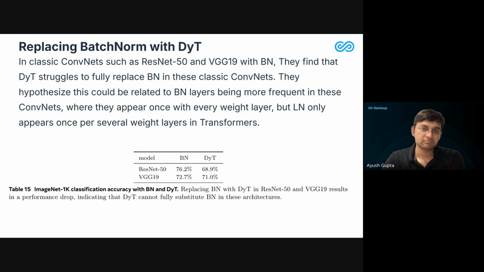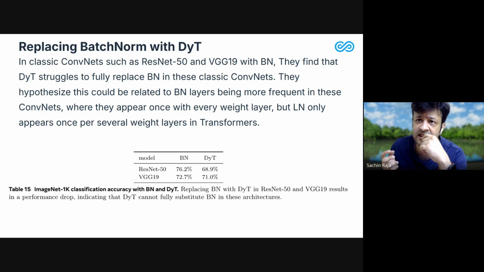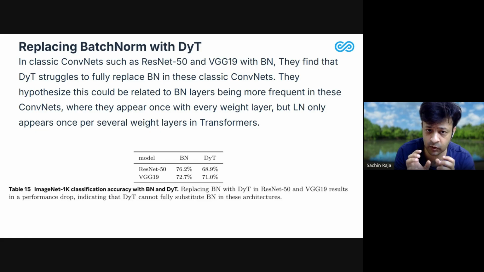Then for such small samples, the number of samples across which normalization is happening, can this dynamic Tanh function anyway approximate the underlying normalization function?